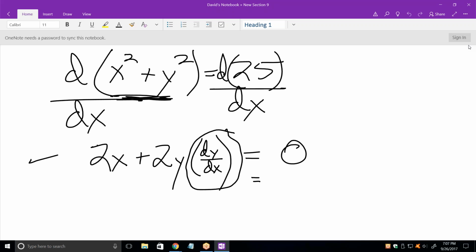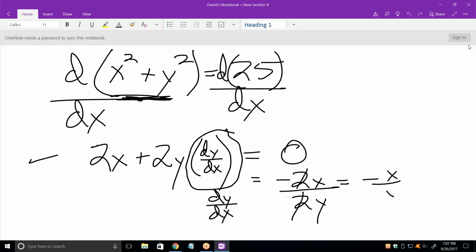Get rid of everything else. When I subtract by 2x and then divide by 2y? You got it. That is dy dx. And of course, I can simplify that a little bit. So it's minus x over y.